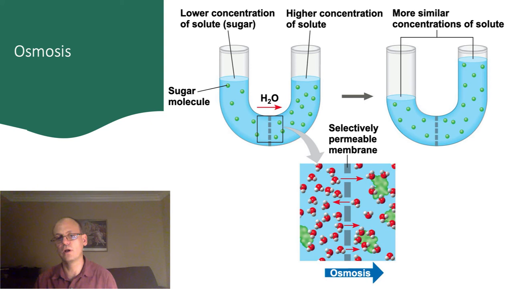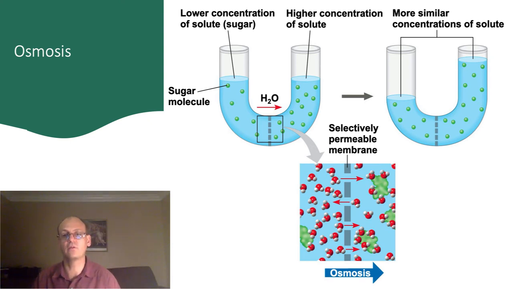Let's step through that to make sure that we understand correctly which way the water will be moving. In this figure, the solution on the right has more sugar molecules dissolved in it than the solution on the left. Sugar is more concentrated on the right and less concentrated on the left.